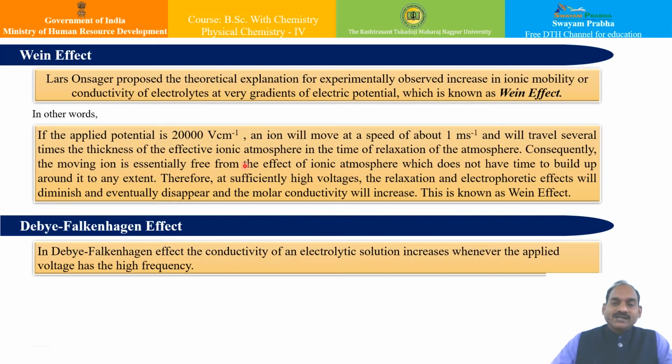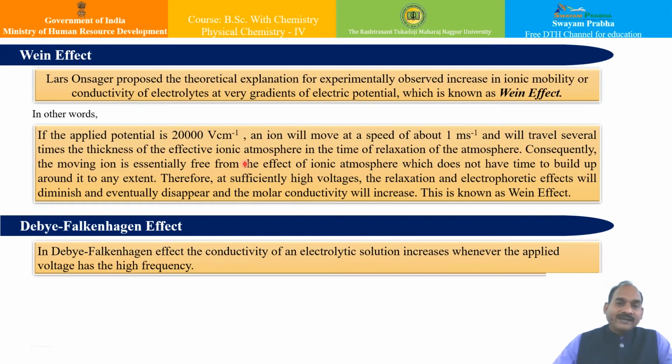So now in this lecture, let us start with understanding the variation in ionic conductivity or the conductivity of electrolytes. Particularly, we will see in this slide the Wien effect and Debye-Falkenhagen effect, wherein we would like to see the effect of high electric fields.